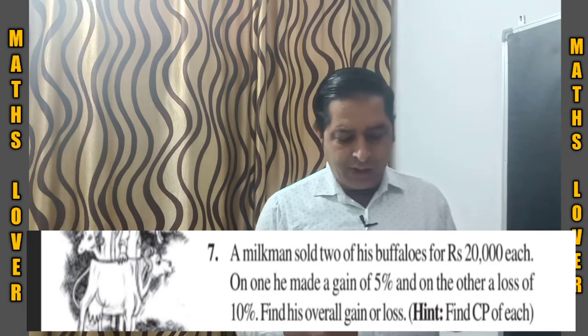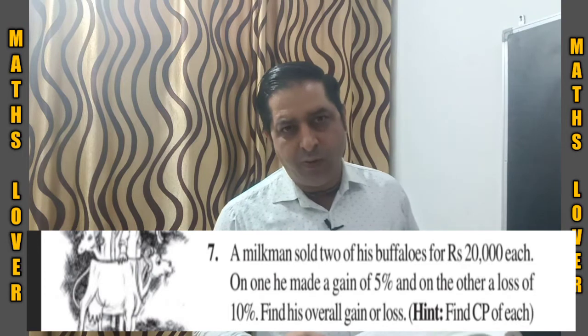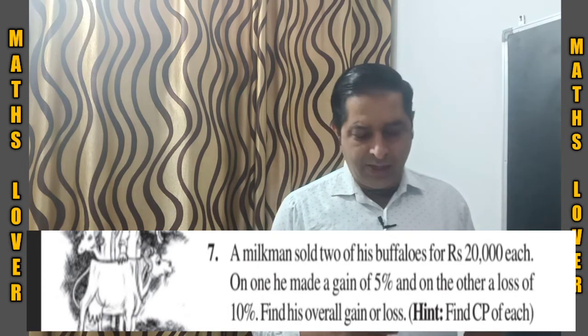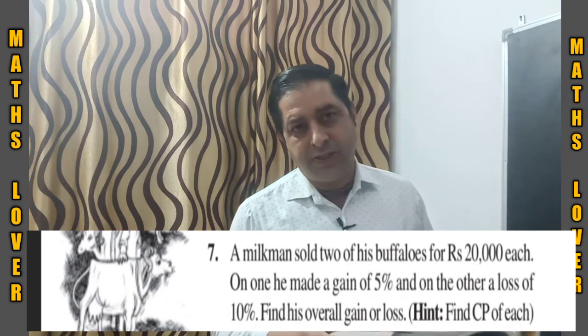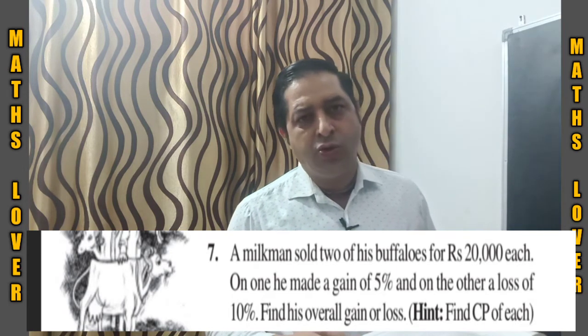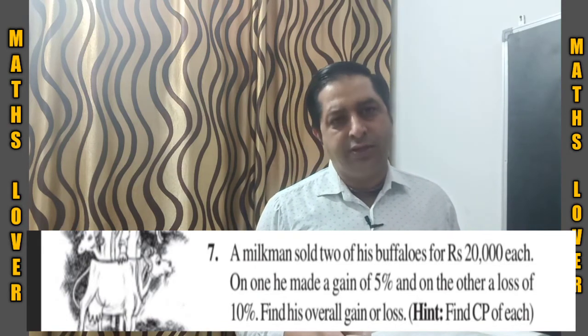Find his overall gain or loss. In this question he has given us the SP, and on one buffalo he gets a 5% gain and on the other a 10% loss. हमने देखना है कि होल ट्रांजैक्शन में उसे गेन हुआ है कि लॉस हुआ है. Let's try to understand its answer.